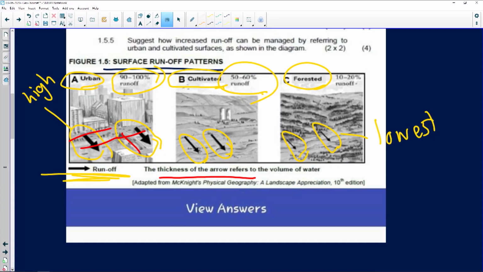But I'm skipping the cultivated lands over here because I'm going from one extreme to the next. If you look at the forestry area, only 10 to 20%, because most of the surfaces in this forested area consist of soil, of permeable rock, of permeable surfaces.